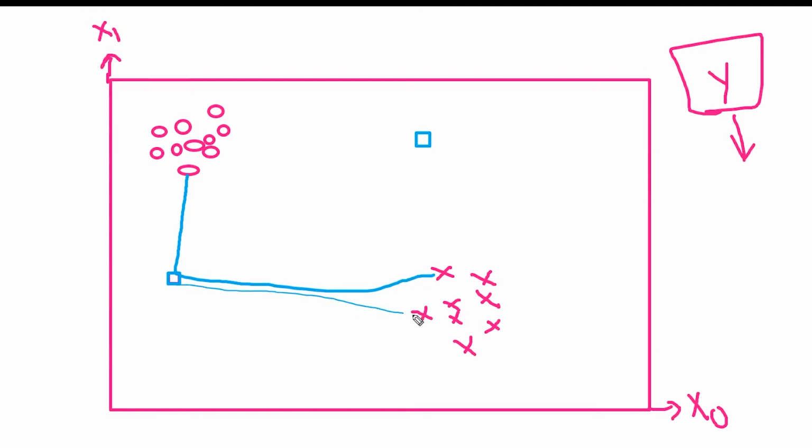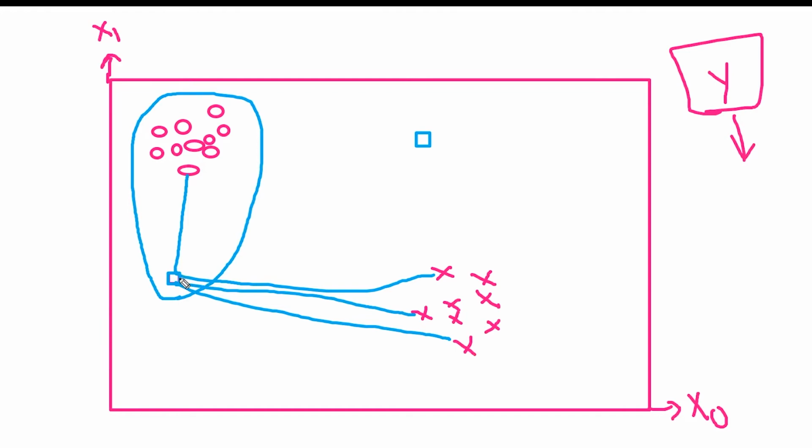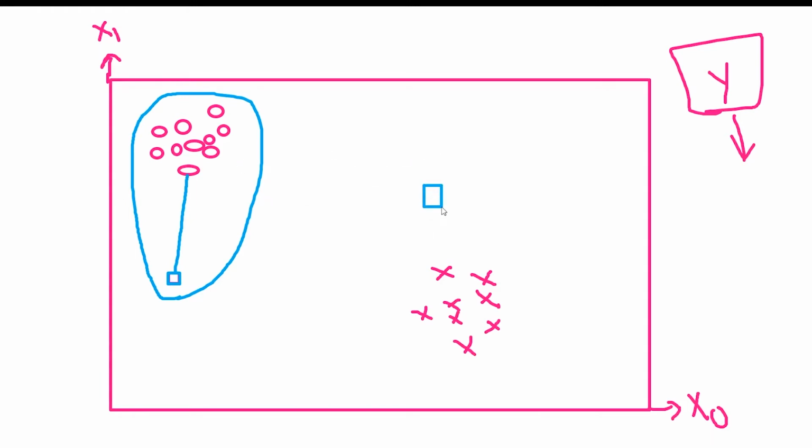Let's suppose we are finding the distance of every point from this point, and we are going to select all the points that are nearest to this point. Let's suppose the second point is here, then this will be grouped with this.